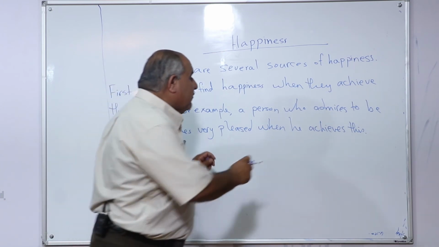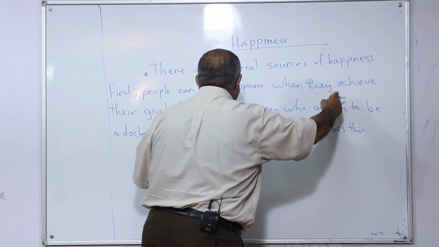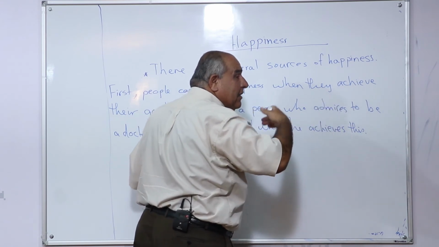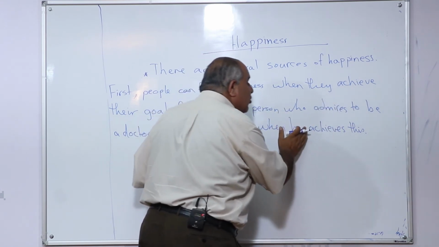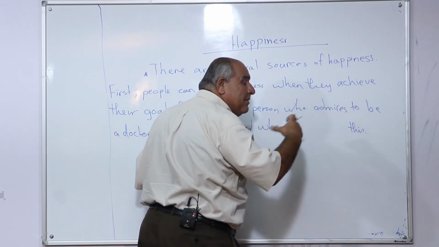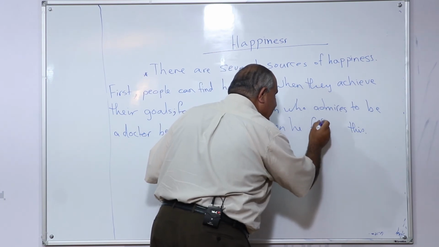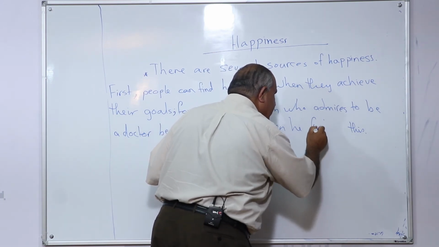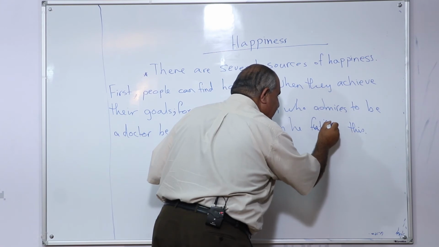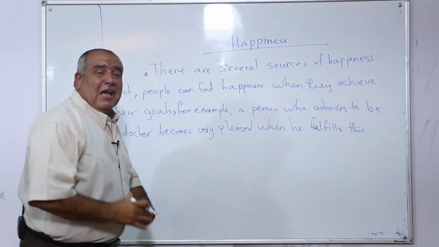Also, instead of saying achieves, and in line number 2 we say achieve, instead of using the word more than one time, you can use its synonym, a word that is similar in meaning. You can say when he fulfills this, and when this comes through.